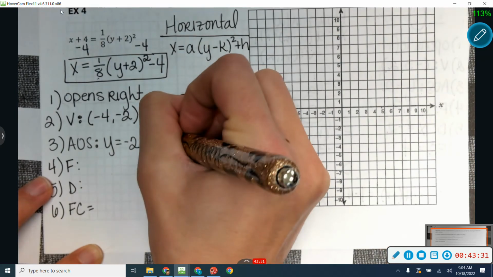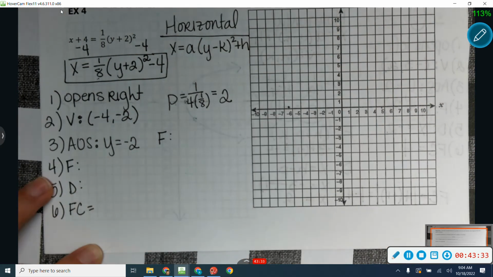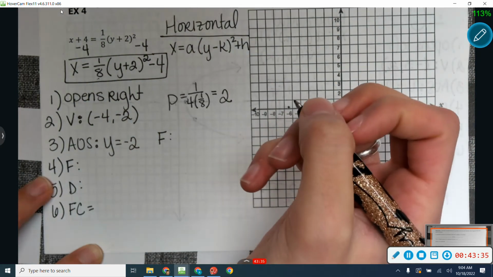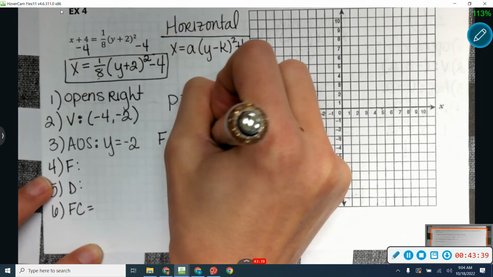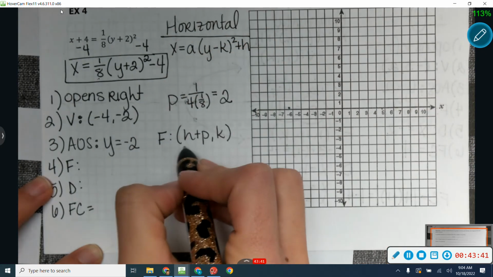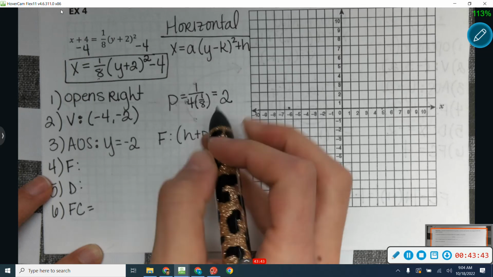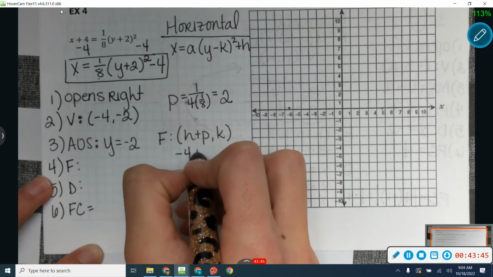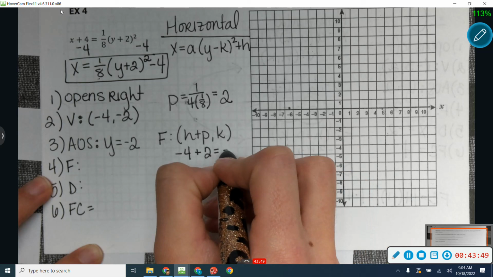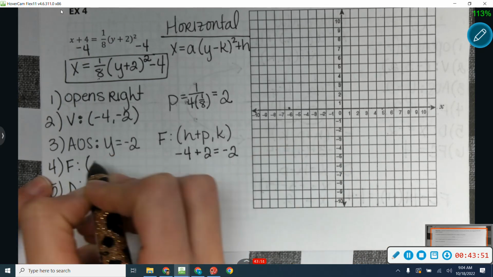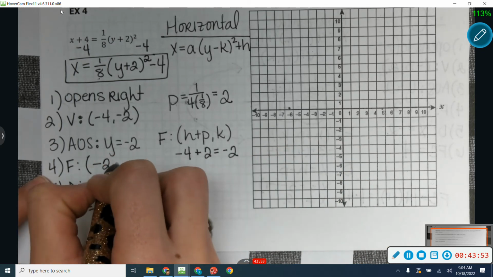Alright, your focus formula for horizontal is what? Okay, so then my h is what? -4 plus 2. So that should have given you -2. So my focus is -2, -2.